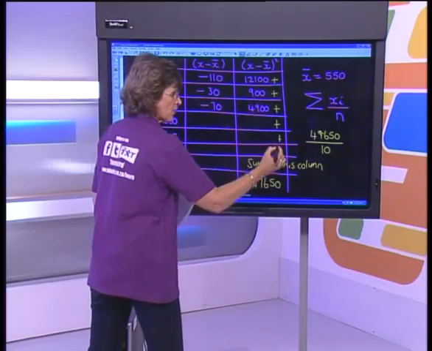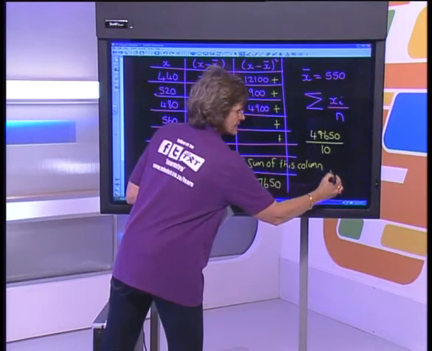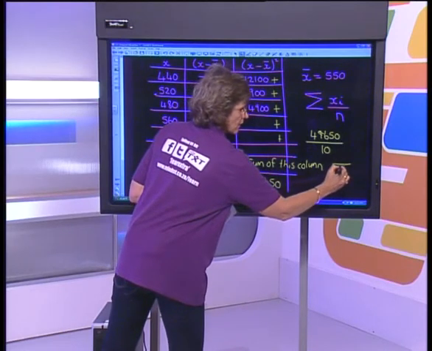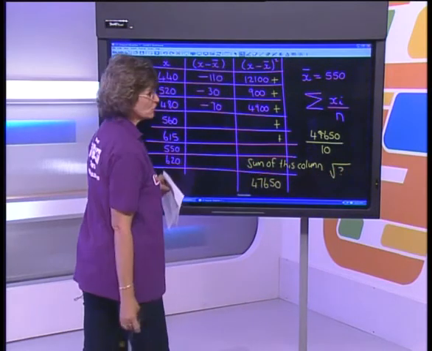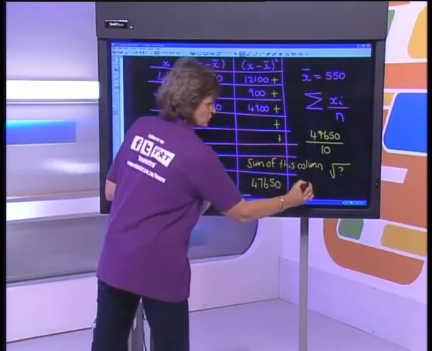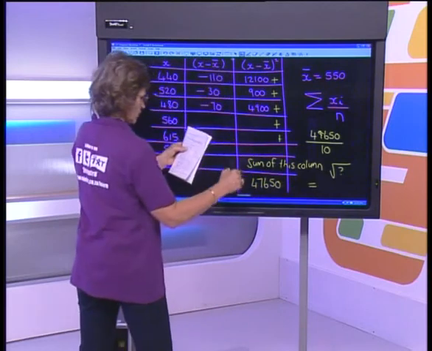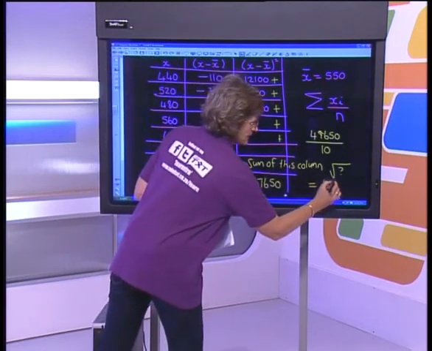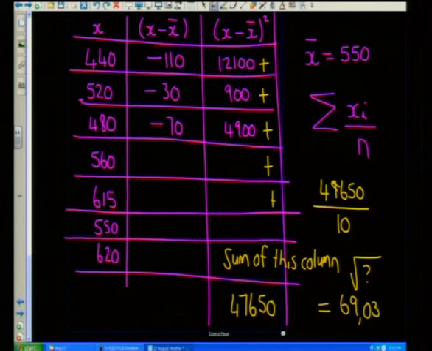My worry, though, is that your calculators have a square root. If your calculators haven't got a square root, you're kind of a bit messed here. But once you've got your answer to that, you hit the square root, and your answer would land up coming to be 69,03. If you don't have a square root button, I think that you would have to just guesstimate.